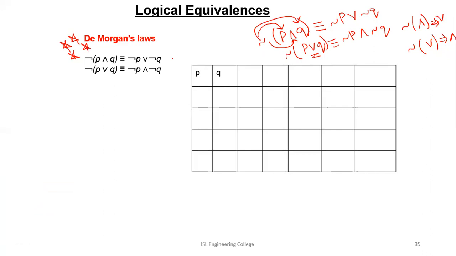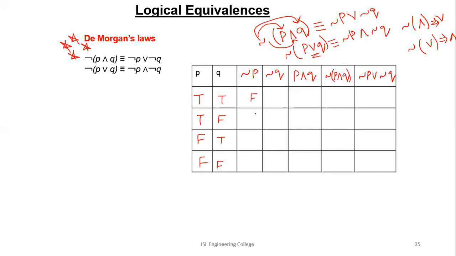I'll try to prove one of them. So P, Q, and then we also need negation P, negation Q. We have to find P and Q, then negation of P and Q, negation P or negation Q. So let's fill it quickly. Also, if you keep practicing the truth tables, you will be perfect at it, so try to practice along with the class.